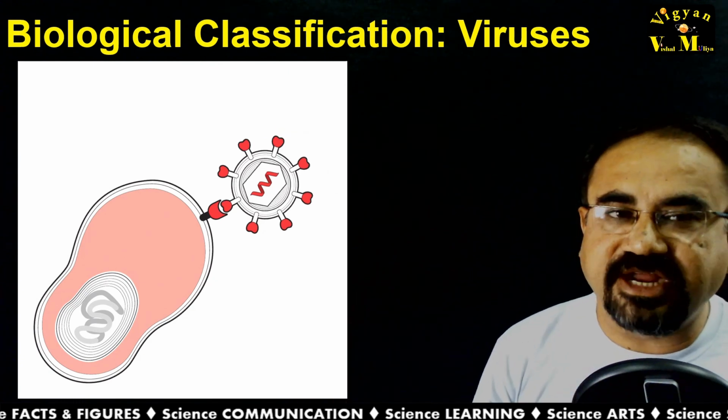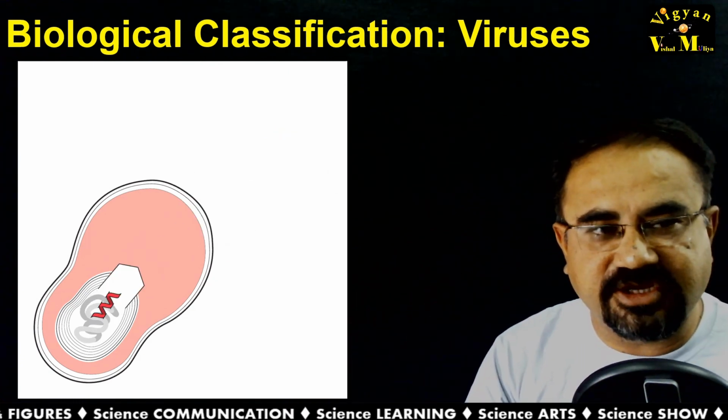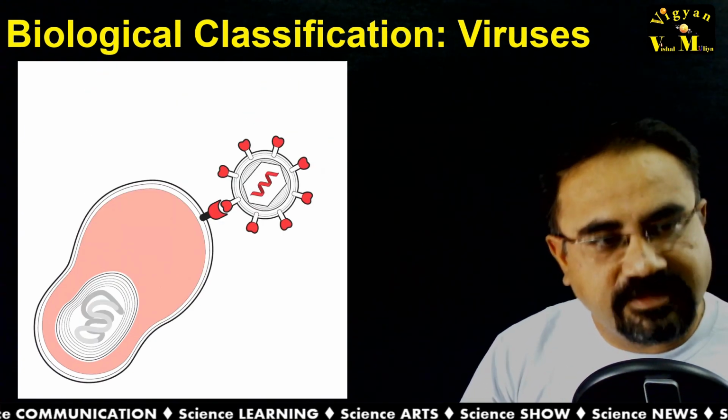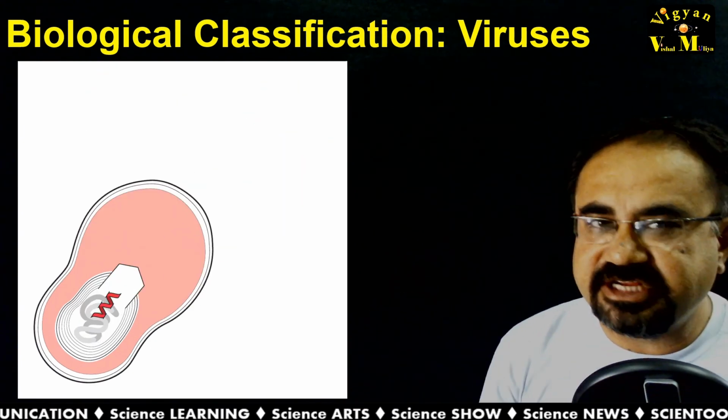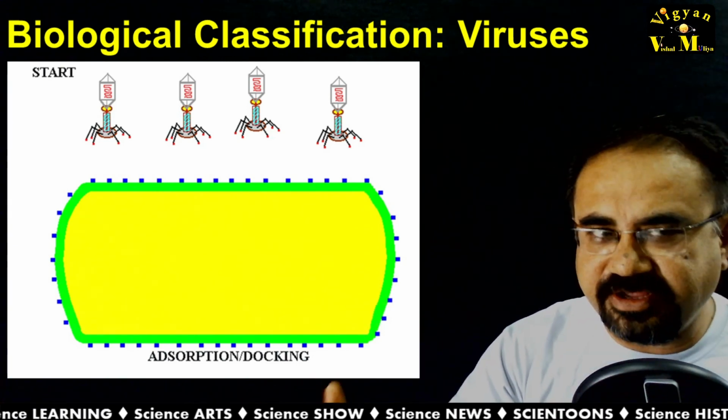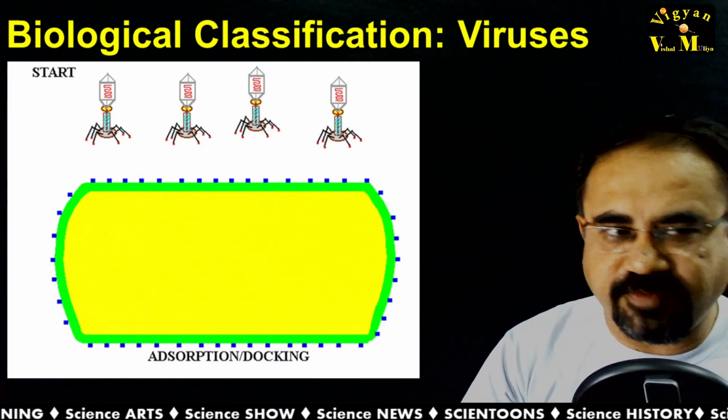Here we can see that in the animation form, but in more detail we can see it step by step. Take the example. This is the beginning of the replication of virus.